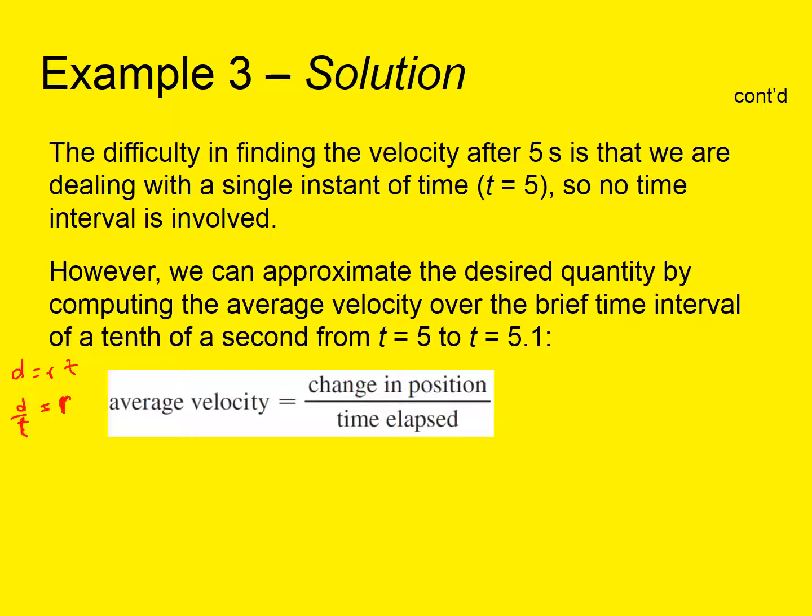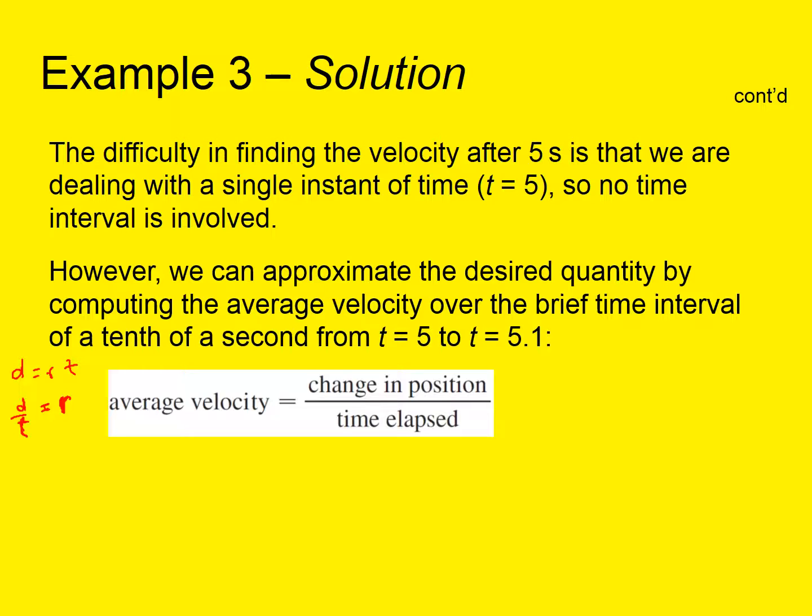The average rate of change of one variable with respect to another. It's like the average rate of change of y with respect to x. In other words, it's like the rise over run, like the slope of the tangent line.